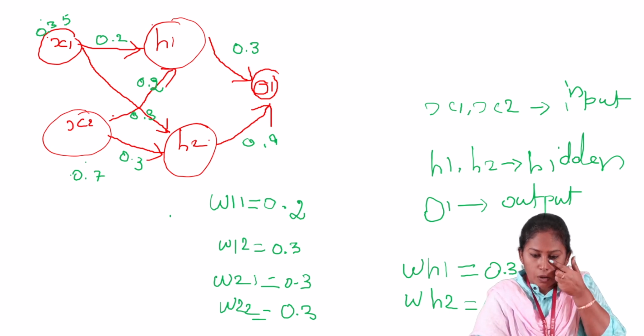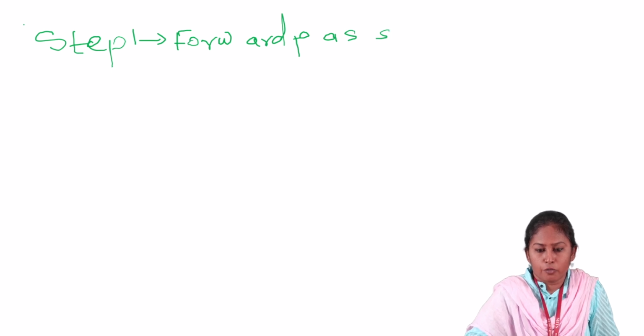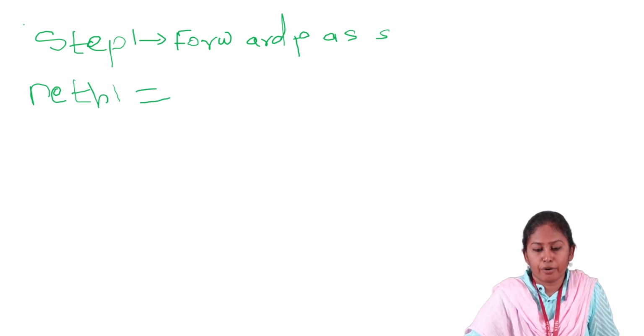Okay, so as per step 1, we will go with the forward pass, right? When it comes to the forward pass, first I will start with calculating the information that is passed to H1 from X1.